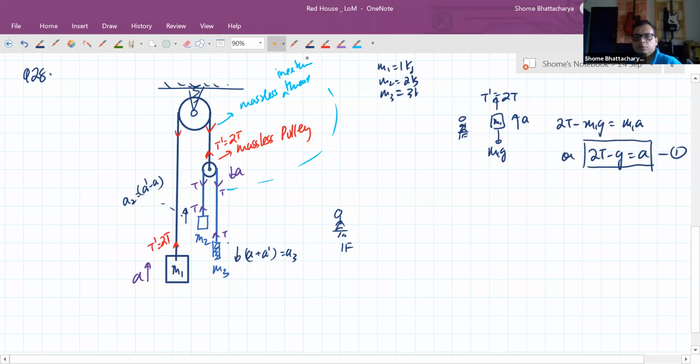Now for M2 and M3 we have an option. One option is we can make their FBD in inertial frame only.